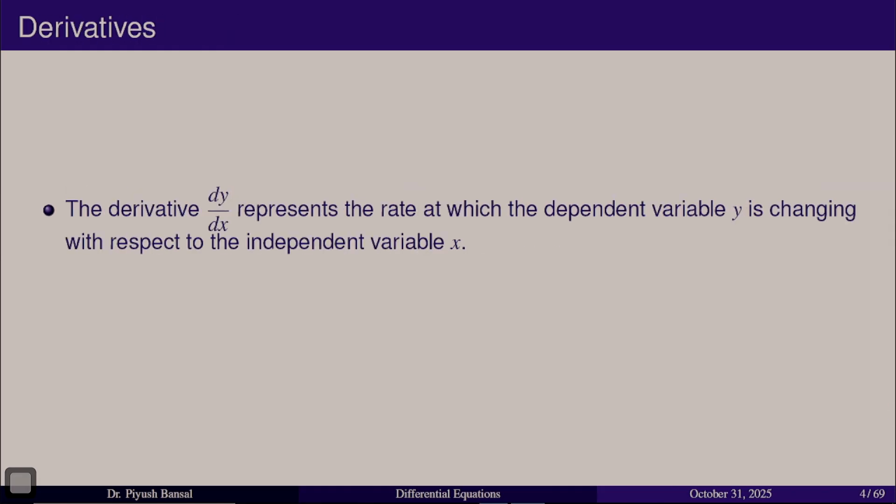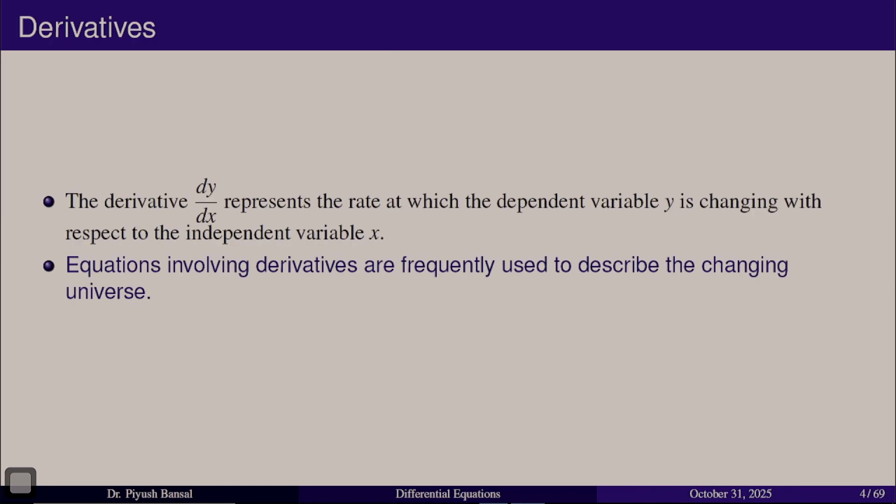Now, looking at the derivative, just for a recap. dy by dx is nothing but the rate of change of a dependent variable y with respect to the independent variable x. Such equations which involve derivatives are frequently used in describing the changing universe.